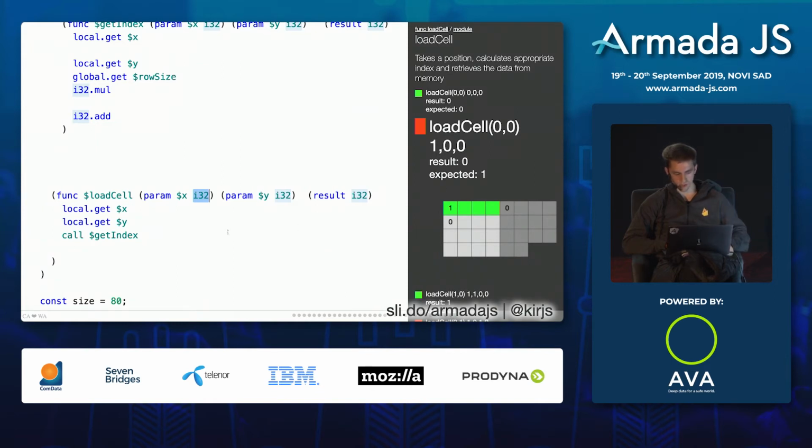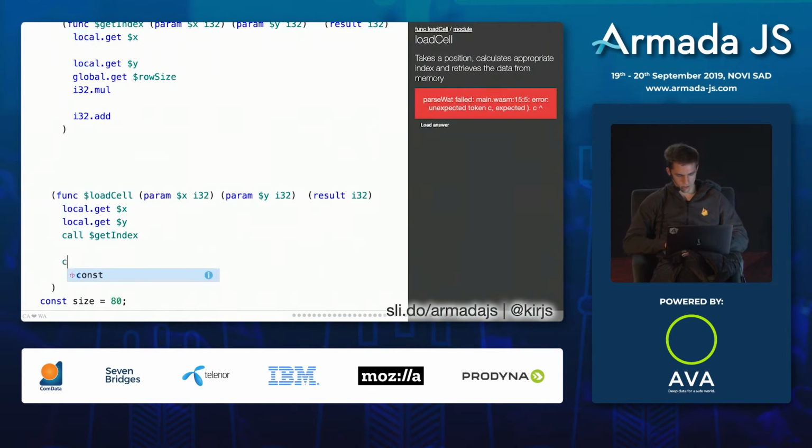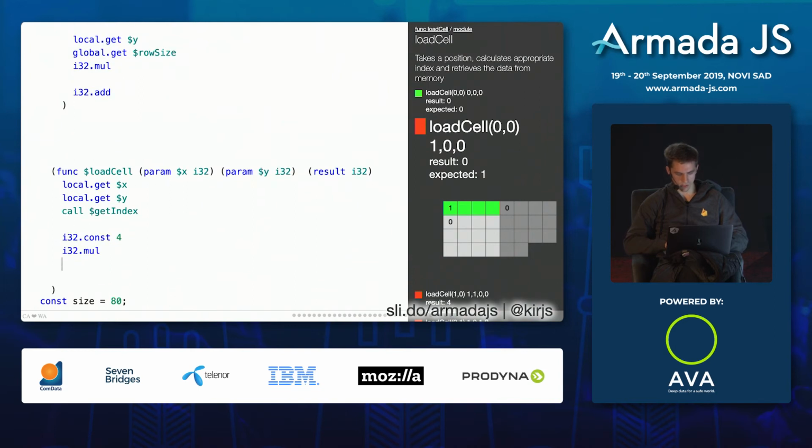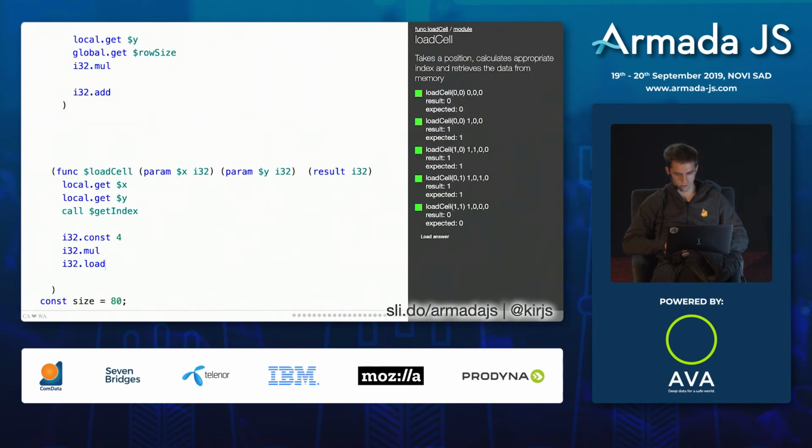So we will have to multiply it by 4, which is, I just get a constant, it's 4, and then we multiply it. And now we get to access the memory, which is a command i32.load. We took coordinates, we got our index, we multiplied it by 4, and we got the index in memory, and load basically gets it there.